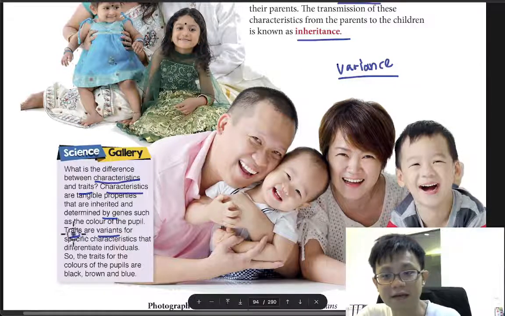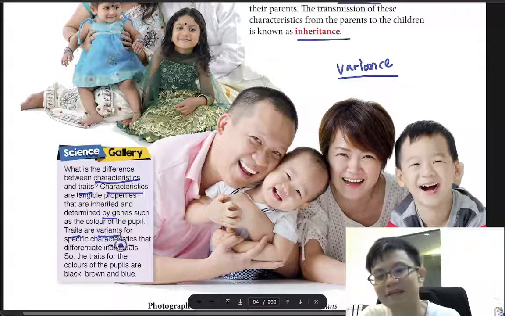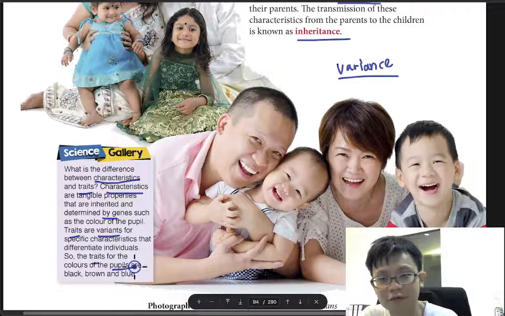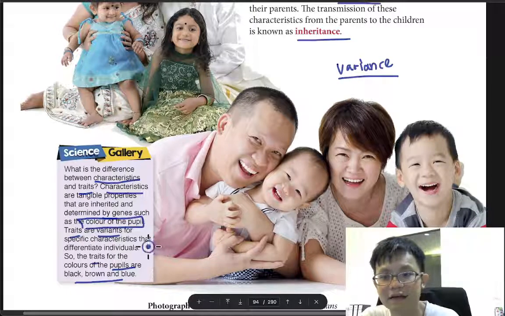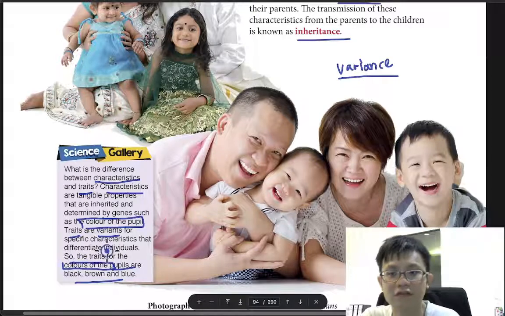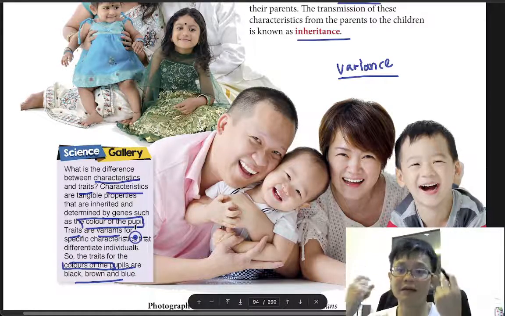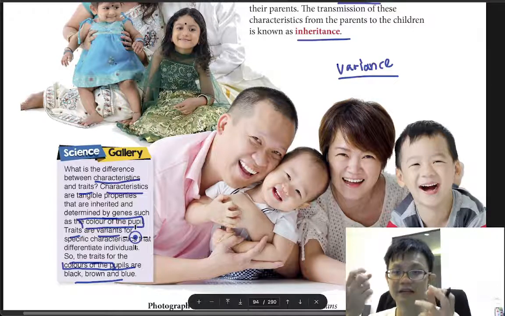So again, for traits, this is a different spelling, variant, the difference for specific characteristics. So the trait will be the black pupil. This is the color of the pupil for the characteristic, and this one is also the color of the pupil. So characteristic and trait are almost the same because both tell about the characteristic of the gene.